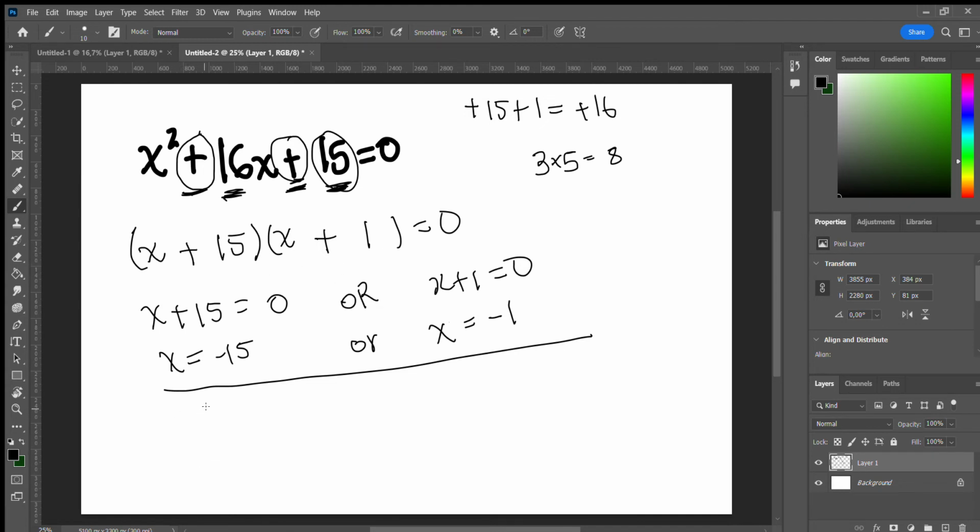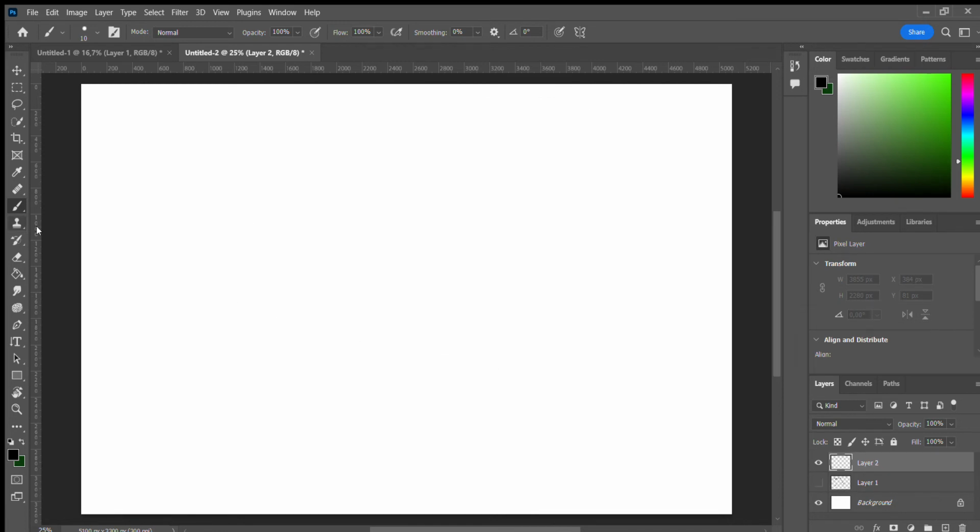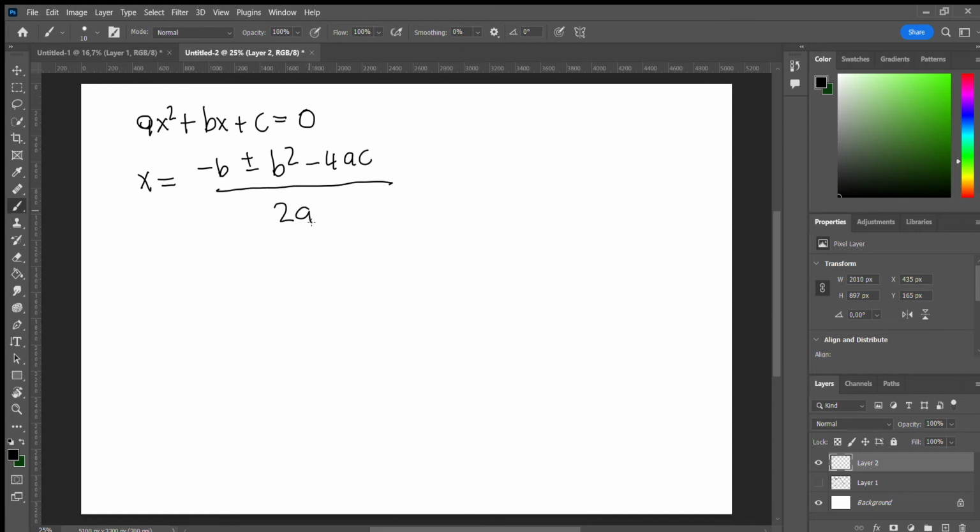So you know the quadratic formula: ax squared plus bx plus c equals 0. So x equals minus b plus or minus the square root of b squared minus 4ac, all over 2a.